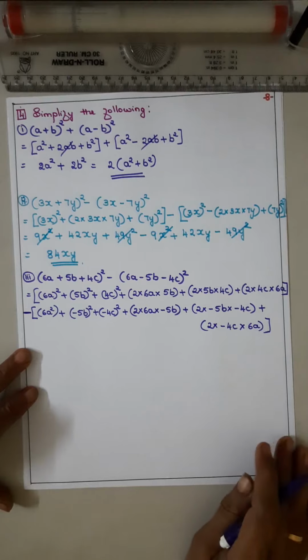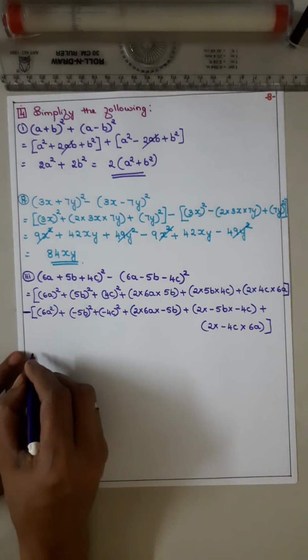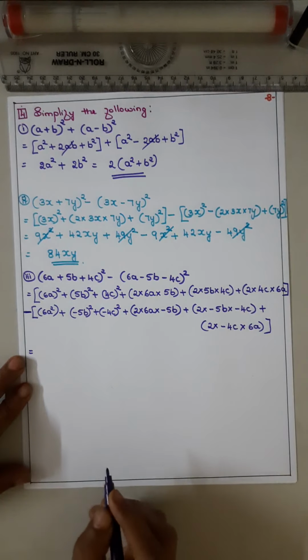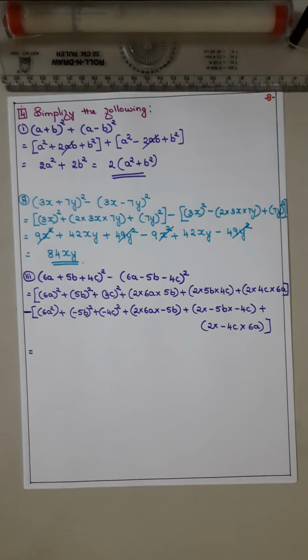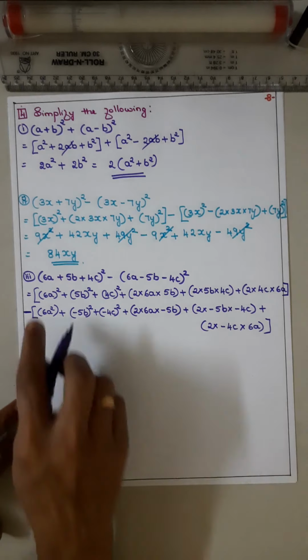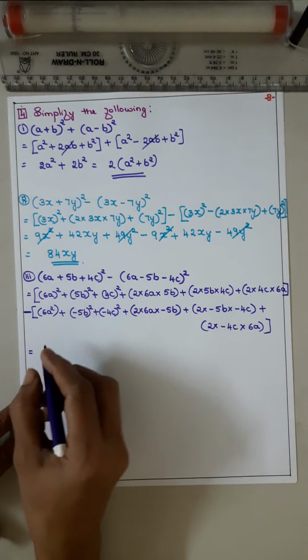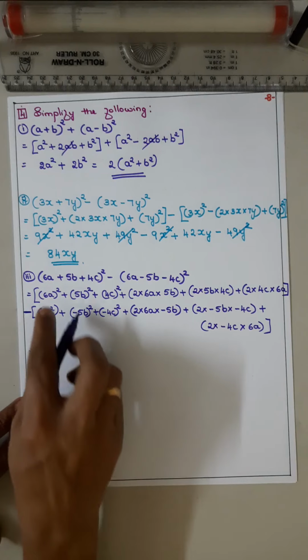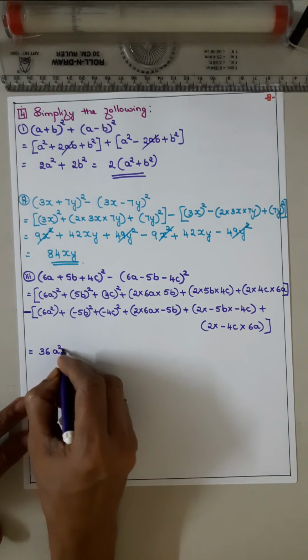Square bracket close. Now find the value and open the bracket. Now 6 square is 36a².